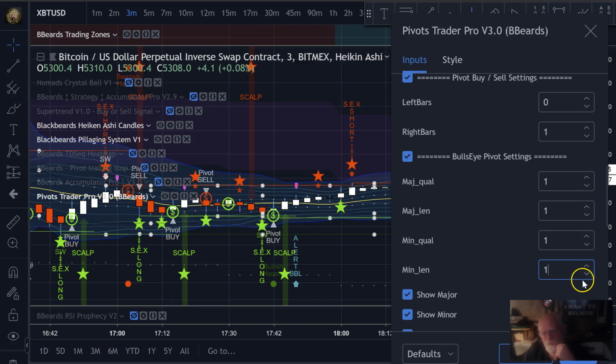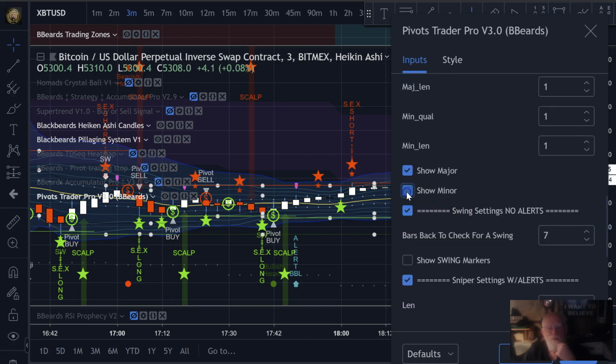Now, I leave them combined. I don't break them apart because I haven't worked out a strategy where I would use both of them. So when you're setting up the alerts, go ahead and pick the ones you want. When I tested this, I tested it with the majors. That's what I did.